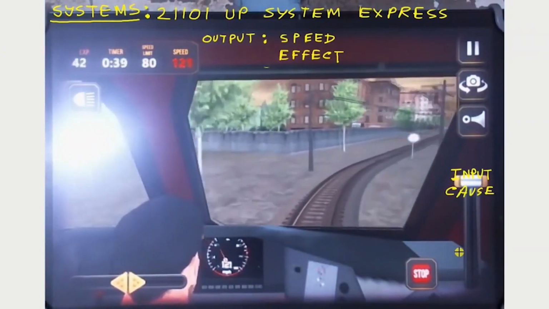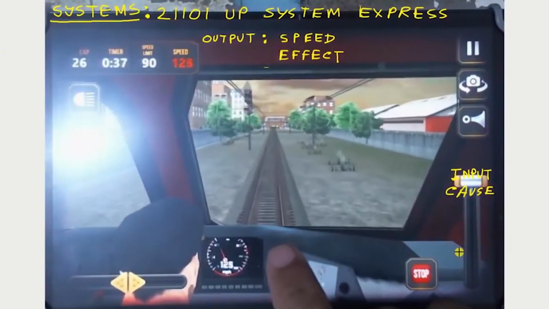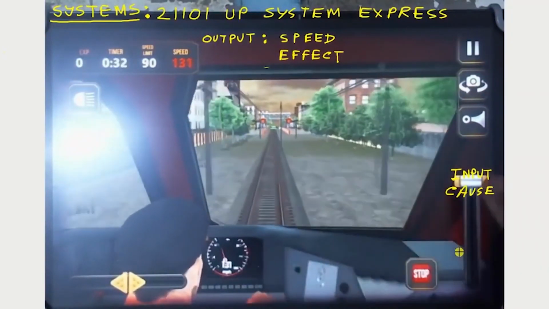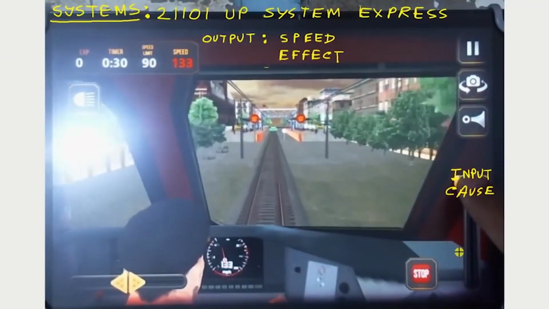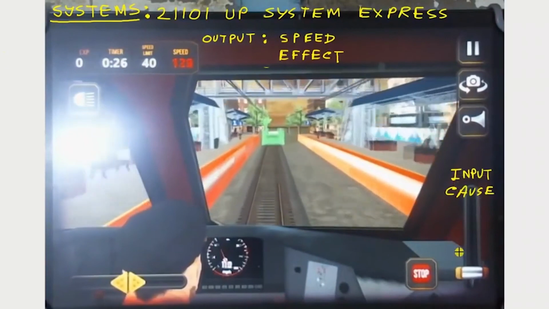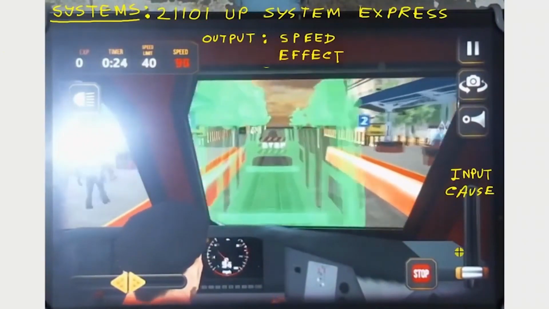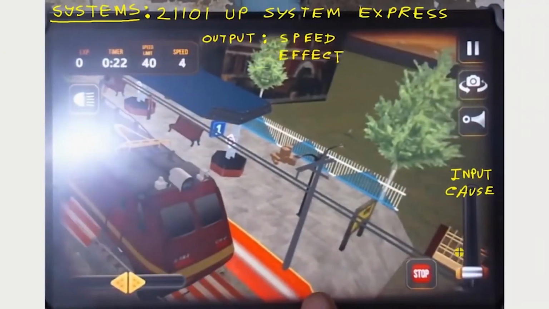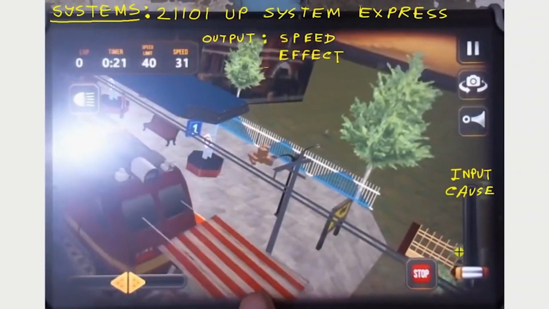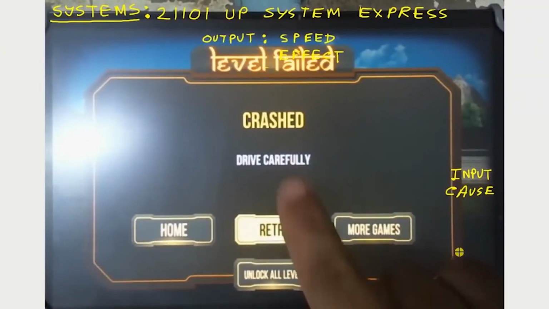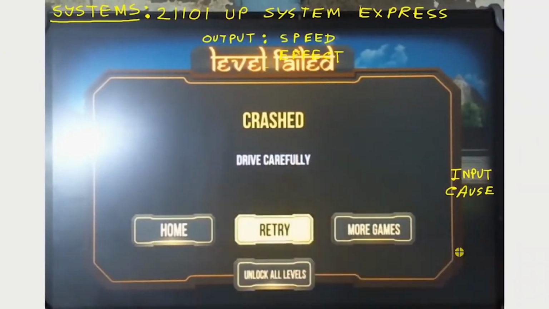But soon after, when I see the station is approaching me, then I have to pull this lever down so that the train stops at the platform. However, the train doesn't stop. It continues to run due to inertia, and I encounter an accident.